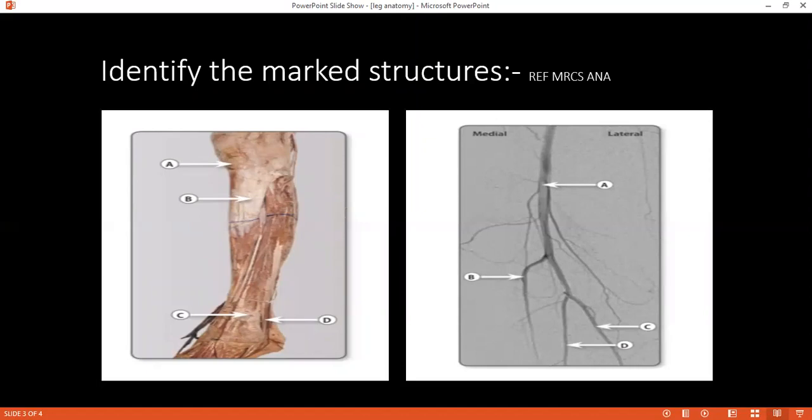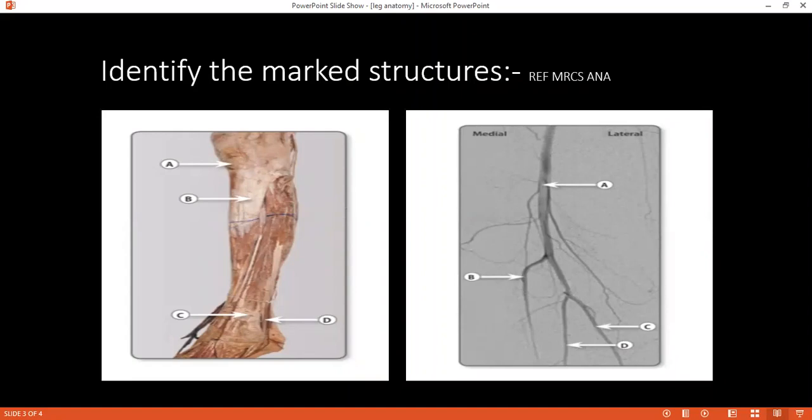Okay, so can you tell me, if a patient comes with an injury, how would you confirm which compartment is involved? How would you come to the diagnosis of compartment syndrome?